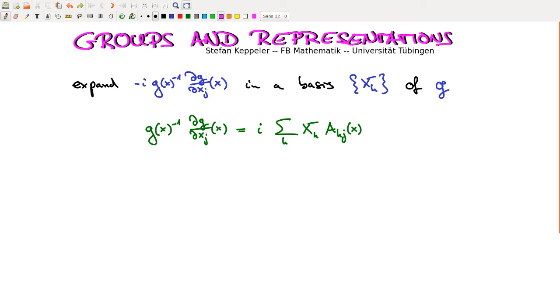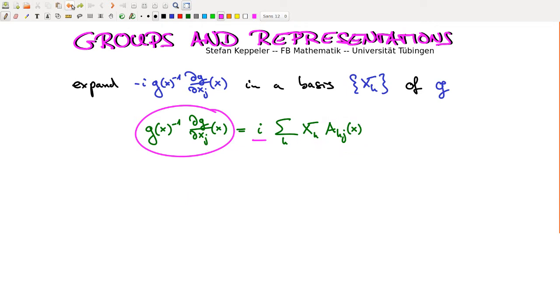Expand this in a basis of the Lie algebra. So this means that this product here is i times something in the Lie algebra, and the coefficients in this expansion depend on the j and on the point x.